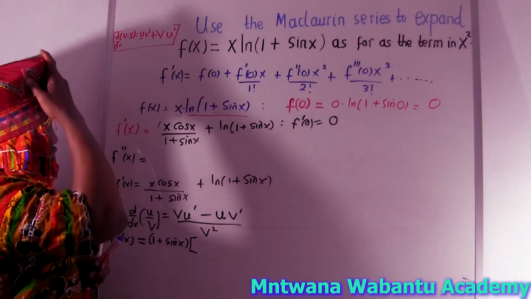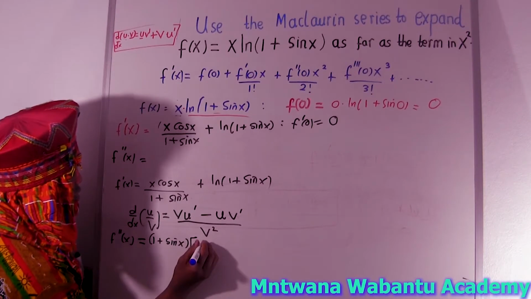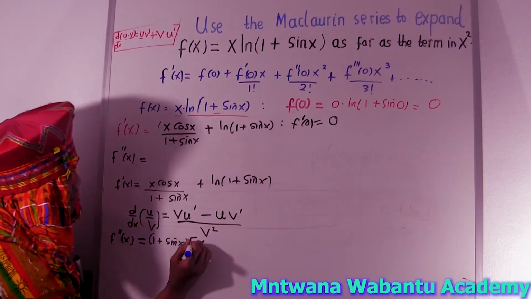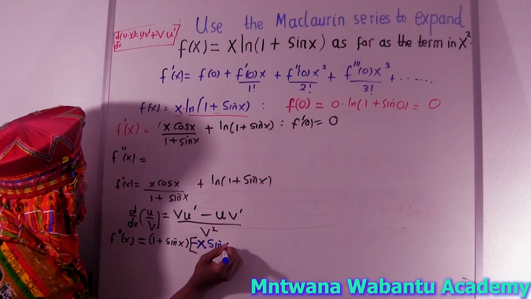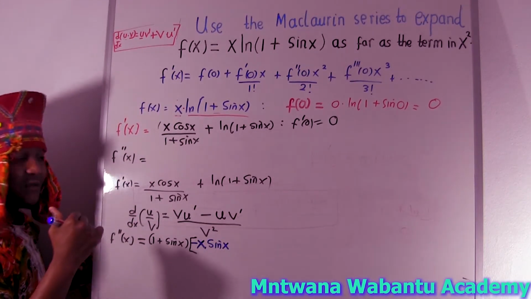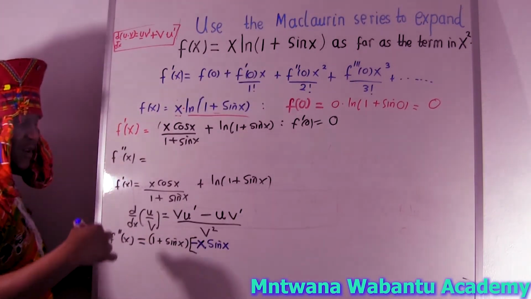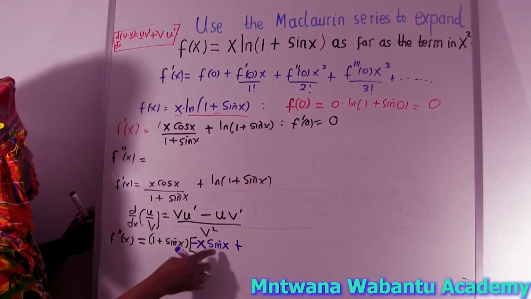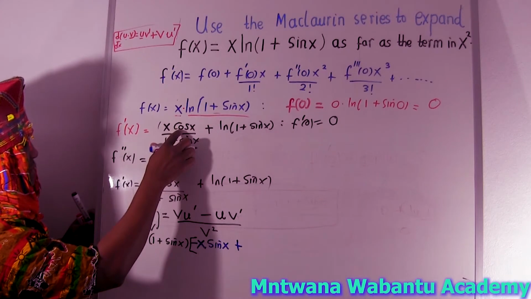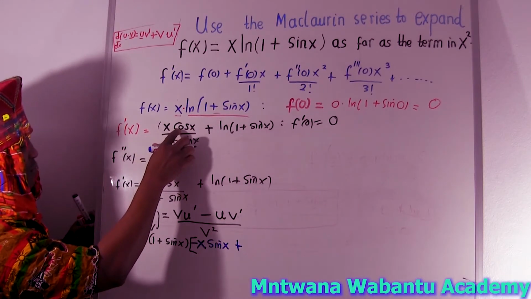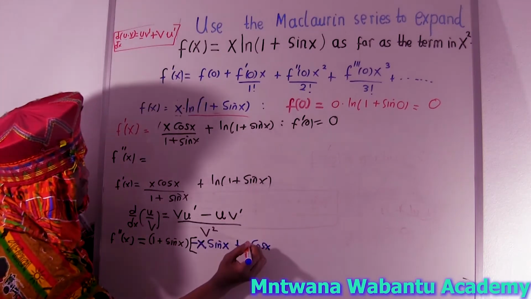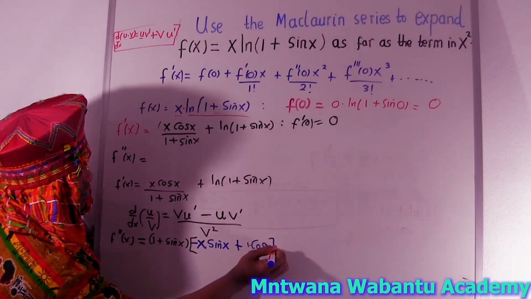For the product rule, keep the first one constant, and when you differentiate cos of x, you get negative sin, from the differentiation rule. And then we're going to plus: now cos of x is constant, and when you differentiate x, you get 1. So just say 1 times cos x.